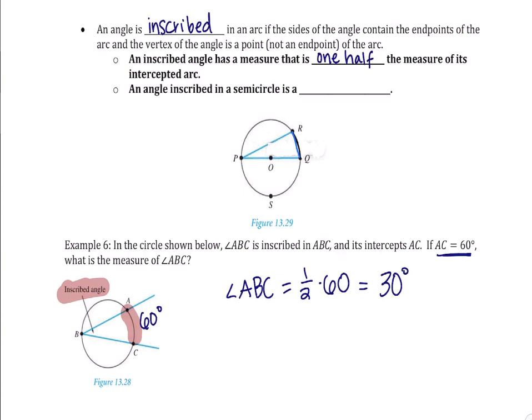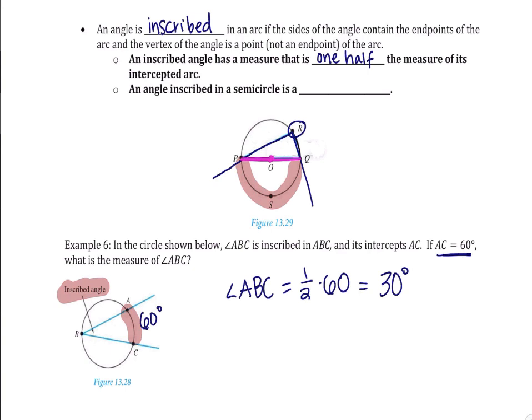Now, if you look up at figure 13.29, you're going to see that this angle R has the inscribed arc PSQ. But also notice that the endpoints on this angle that are on the circle, so here angles P and Q, notice that that is actually a diameter.